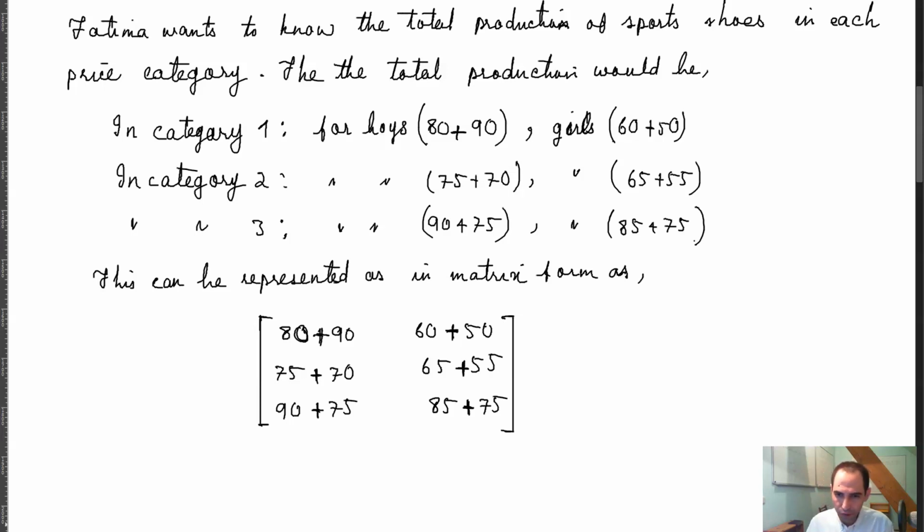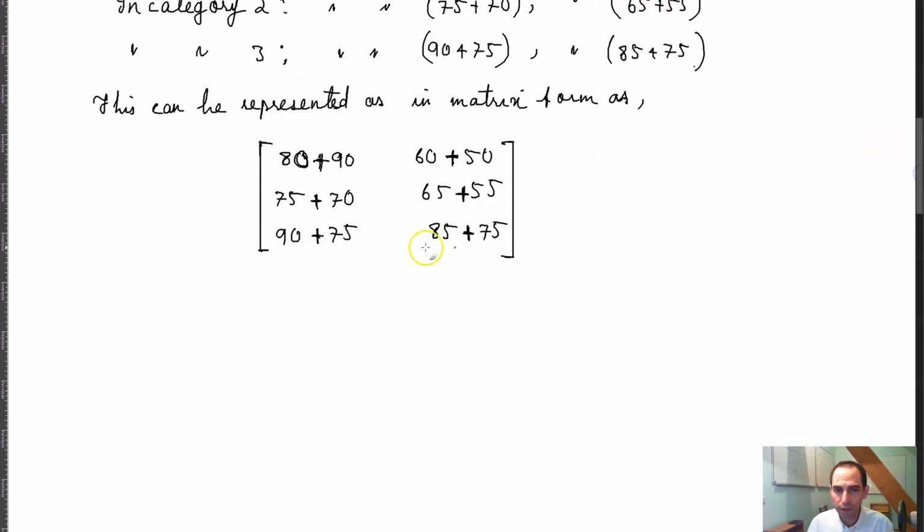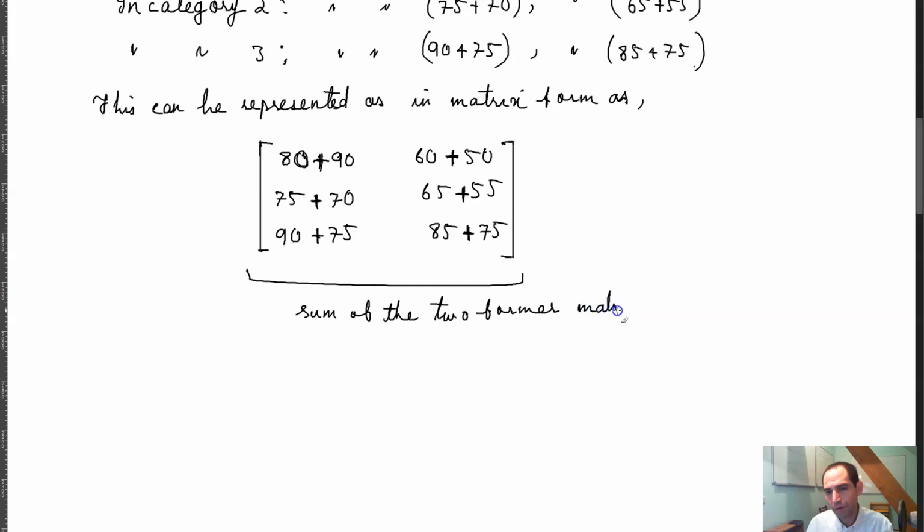So now this new matrix, you can call it the sum of the two former matrices, right? And we observe that the sum of two matrices is a matrix obtained by adding the corresponding elements of the given matrices.